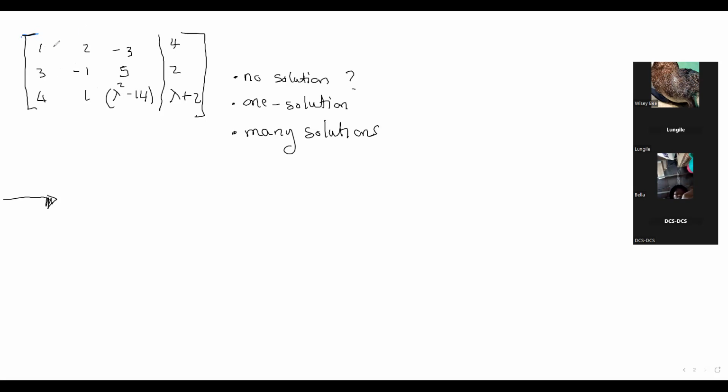Just try and avoid fractions. For example, let's say this was your first row. Some people will just divide everything by 3 so that they can make this 1, but that will take you forever to finish this question. Rather, I'll show you a trick after this question.